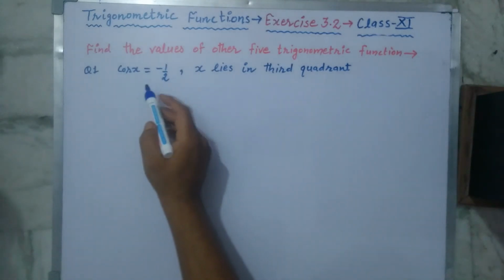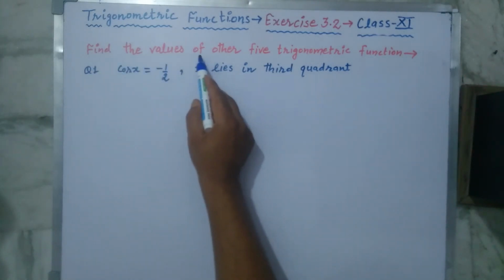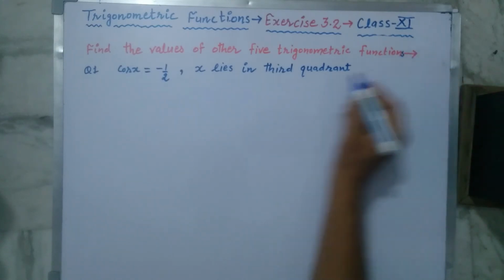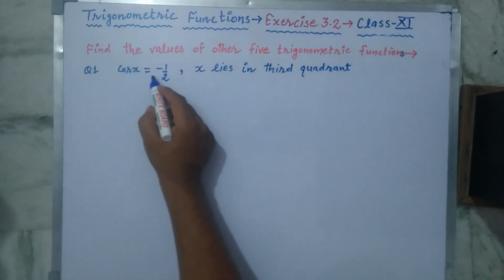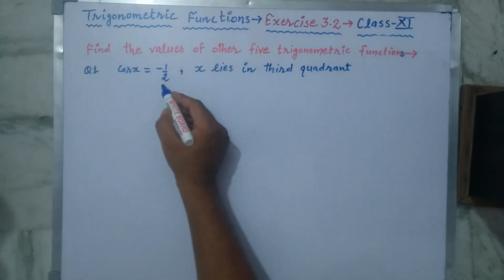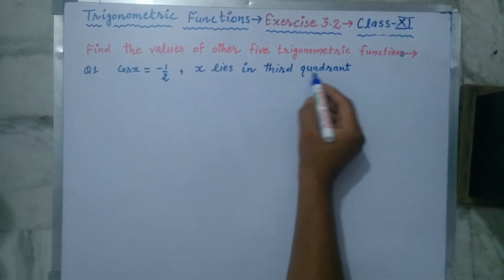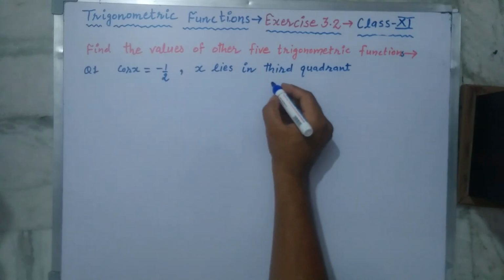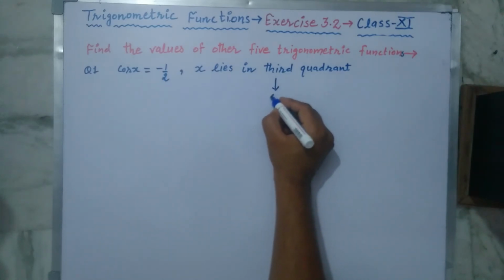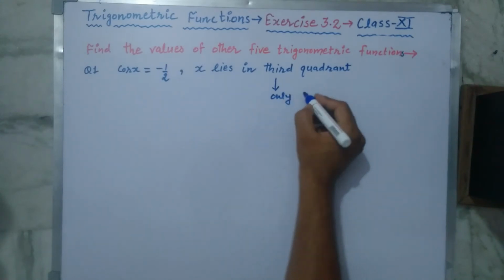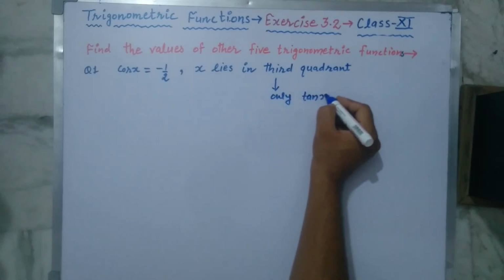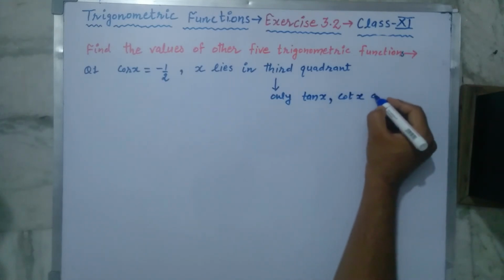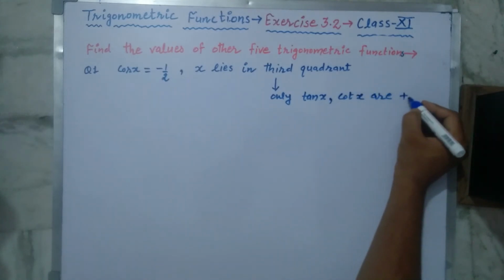Now coming to the exercise: find the values of other 5 trigonometric functions. Number 1, cos of x is equal to minus 1 upon 2, where x lies in the third quadrant. This is given. x lies in the third quadrant. It means only tangent x and its reciprocal cotangent x are positive.